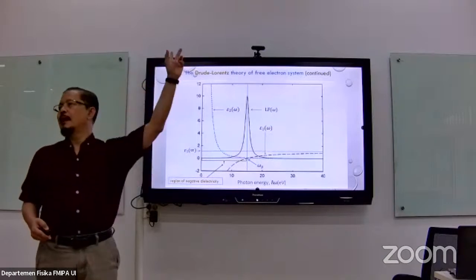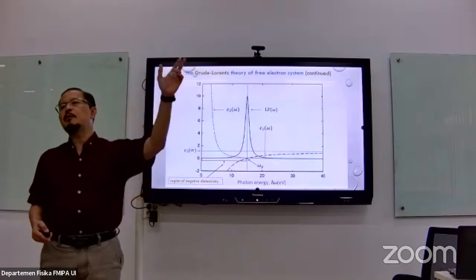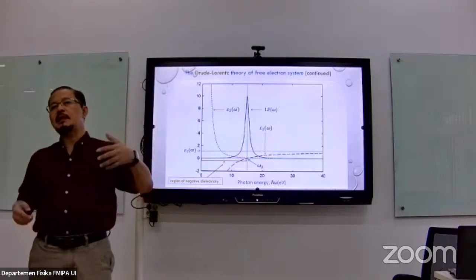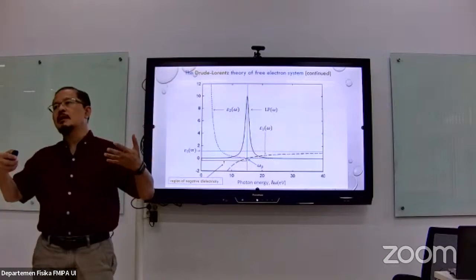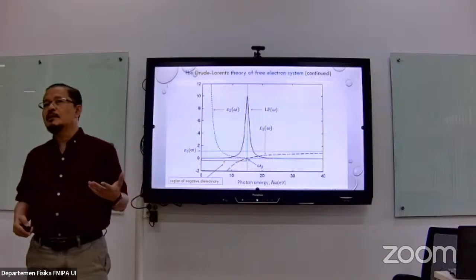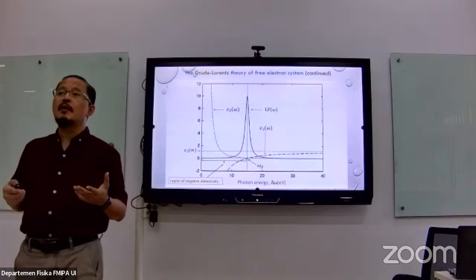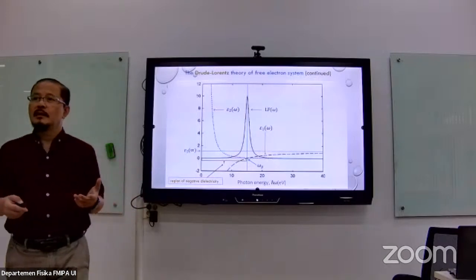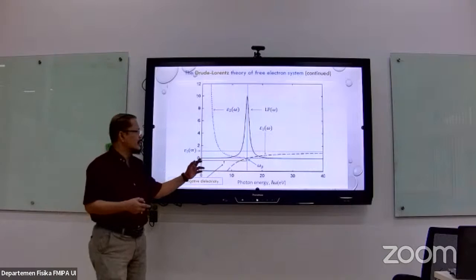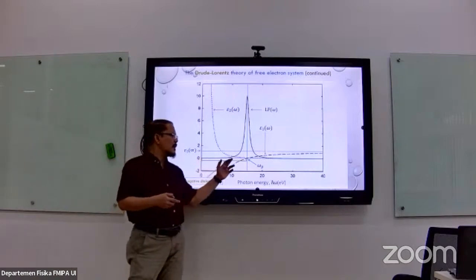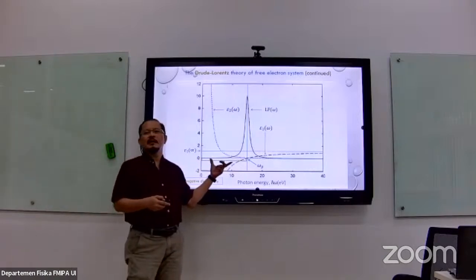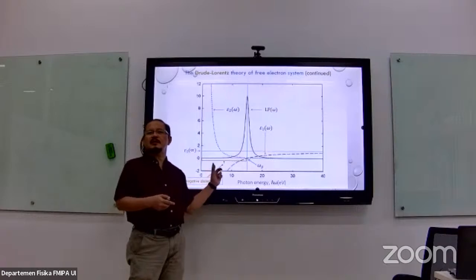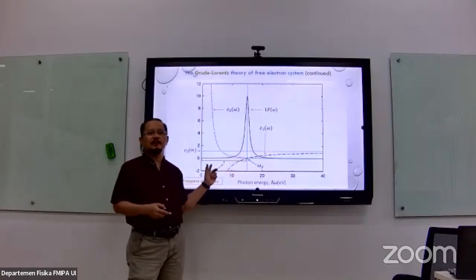It must come back to the medium where it comes from, so that causes reflection. That is the explanation of why metals are good reflectors, especially for waves of this frequency, which is precisely the region of frequency of visible light.